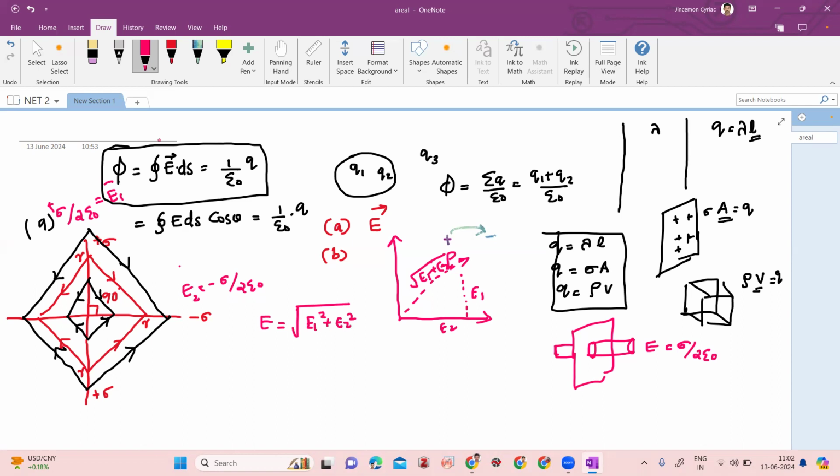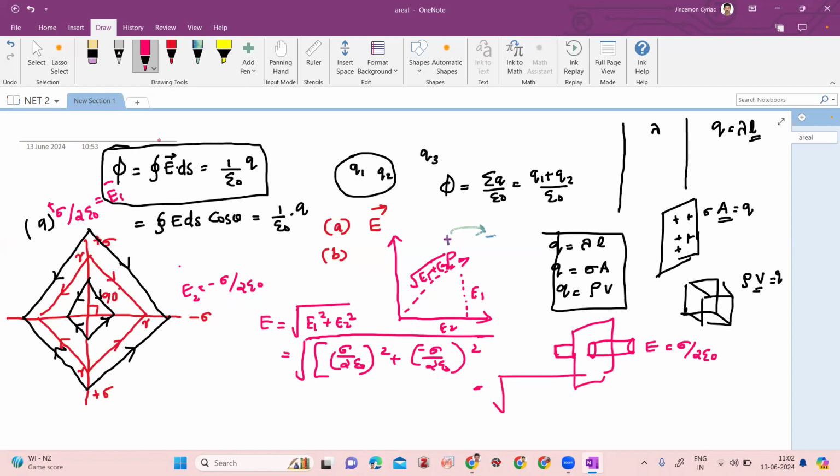We can solve it easily: the square root of sigma by 2 epsilon 0 whole square plus minus sigma by 2 epsilon 0 whole square. The square of the negative also becomes positive.